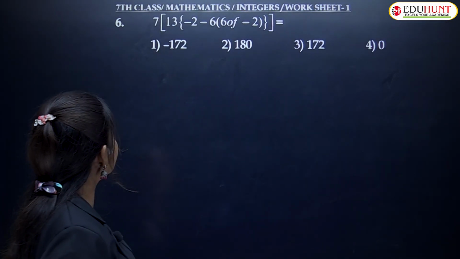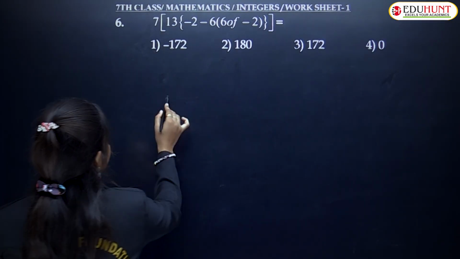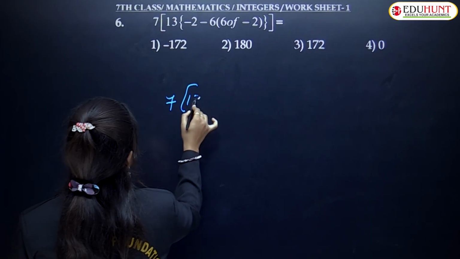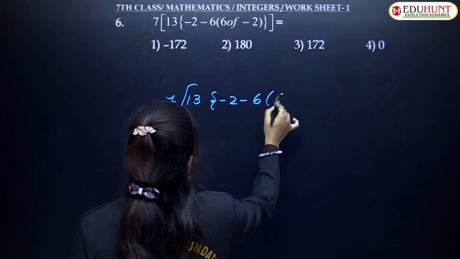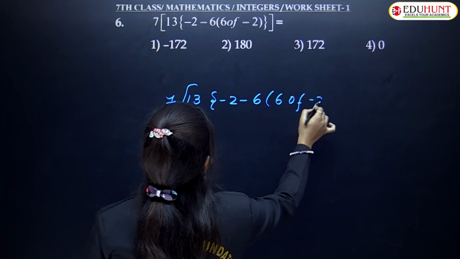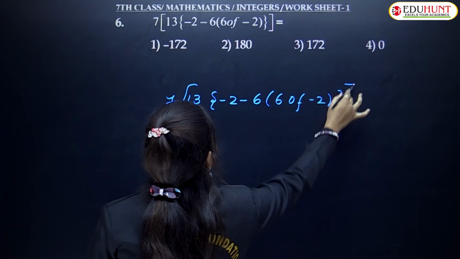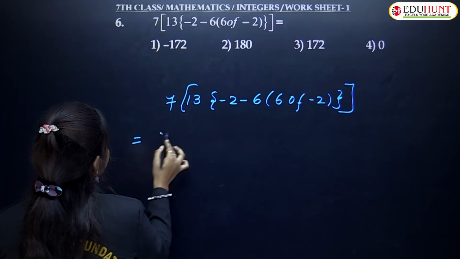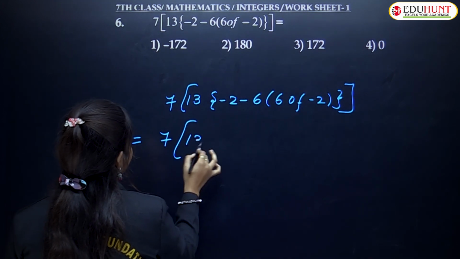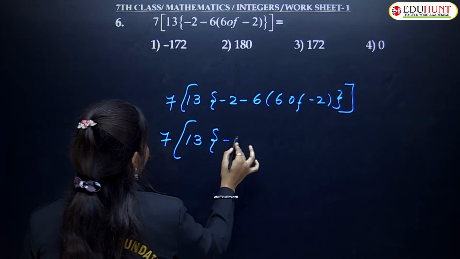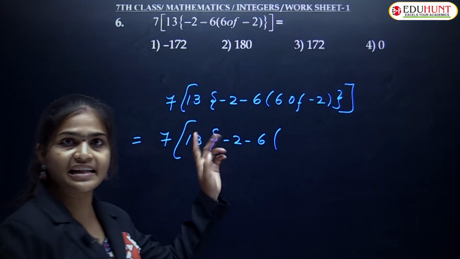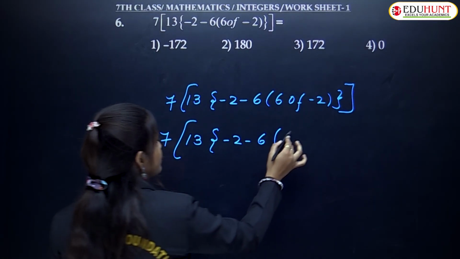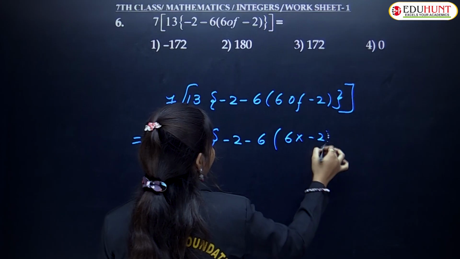See here, the sixth question. What is it? 7 into 13 of minus 2 minus 6 of minus 2. Here 6 of, where of is nothing but multiplication, so 6 into minus 2.